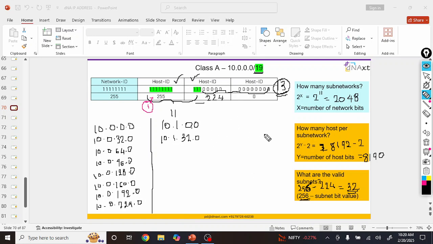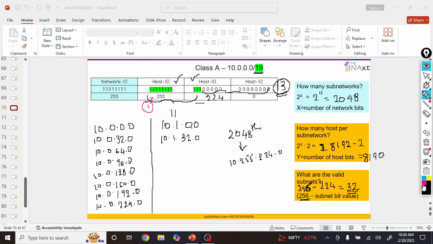This will go on. Then 3, then 4, then 5. And the last subnetwork that you are going to get is 10.255.224.0. Okay, so this is all about our slash 19.